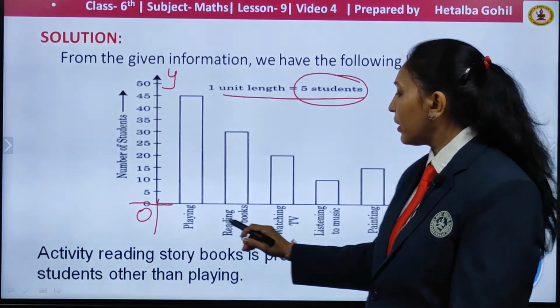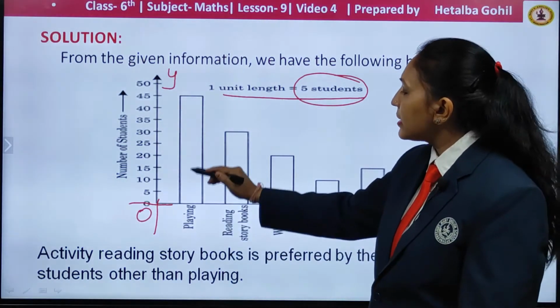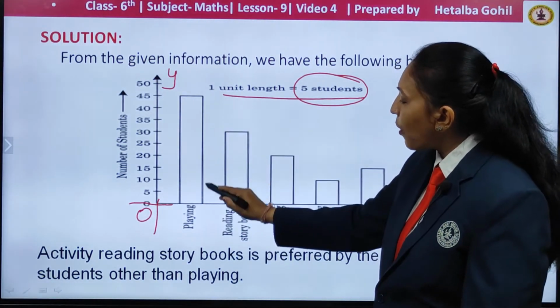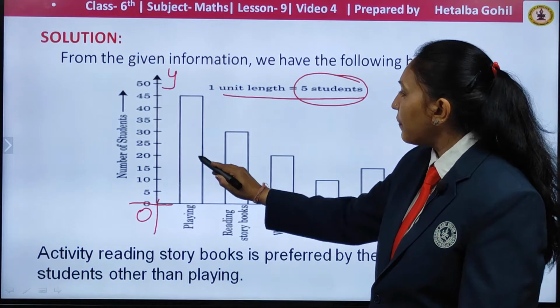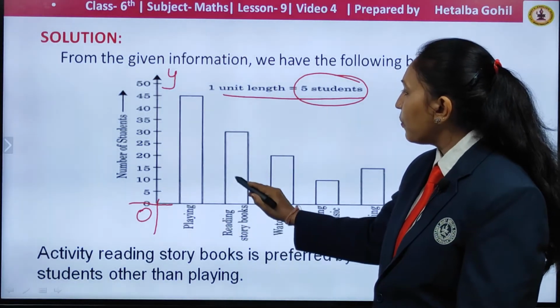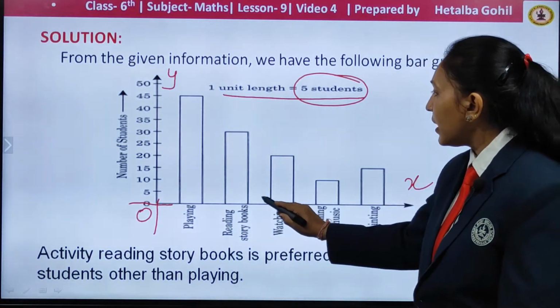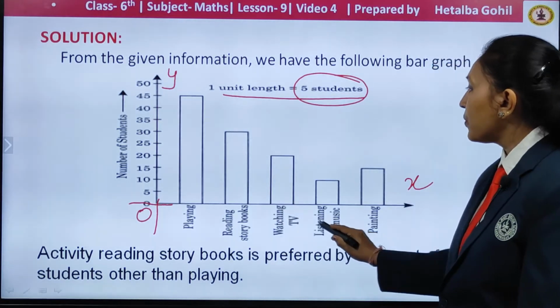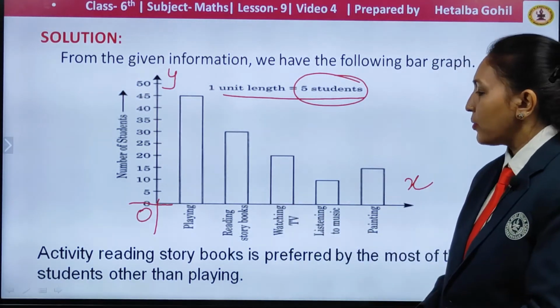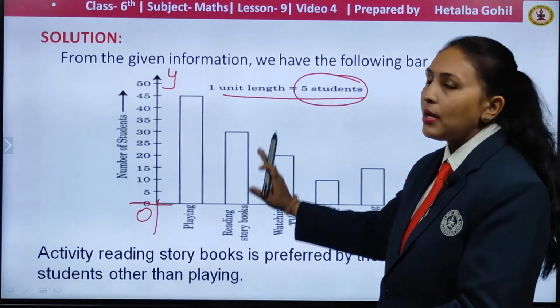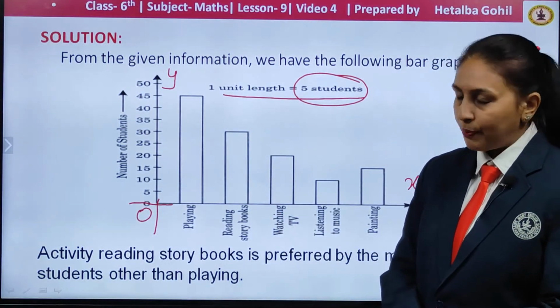Now, according to the given question, we have marked the bars here. The bar will be of the full box you will mark: playing is 45, then reading storybooks 30, watching TV is 20, listening to music, and last painting. So, accordingly, we have to mark the bars on the given graph paper.